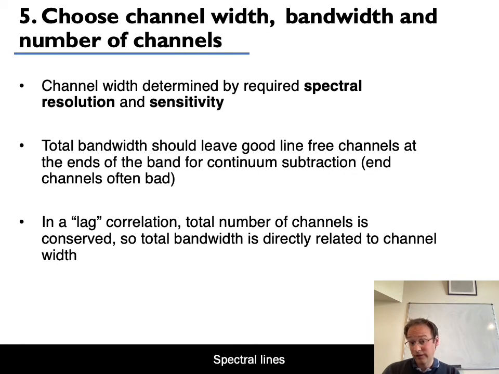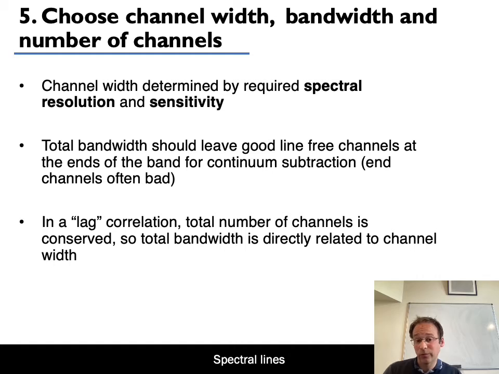The next step in setting up your observations is to think a little bit about the number of channels you want across your spectral line, the total bandwidth that you have available, and of course, the channel width. So typically you're going to want several channels across your line to resolve it. So, you may want to consider having at least five channels across your line.